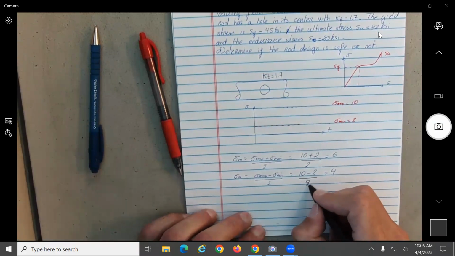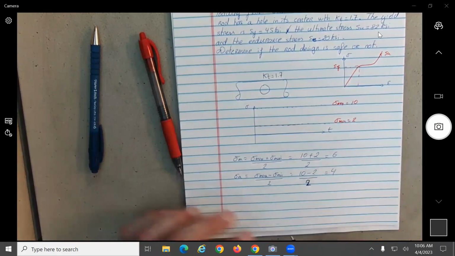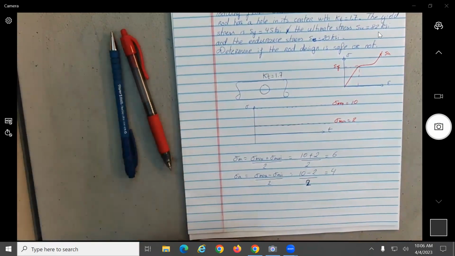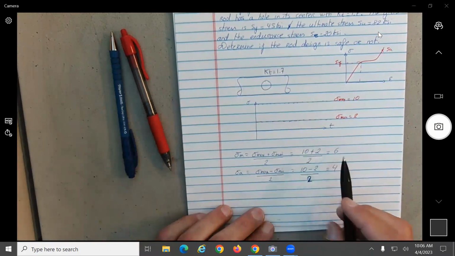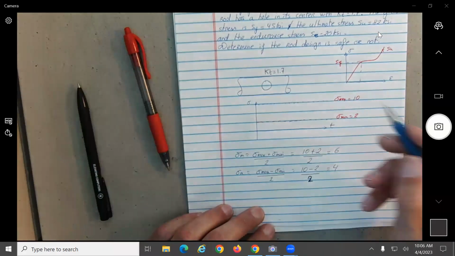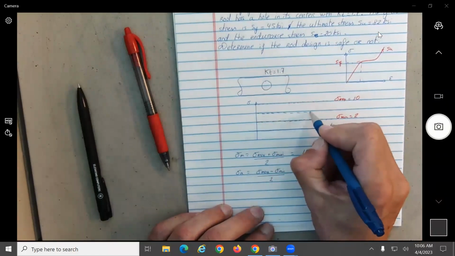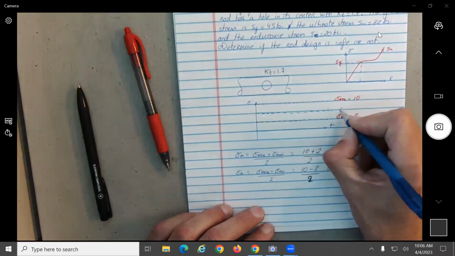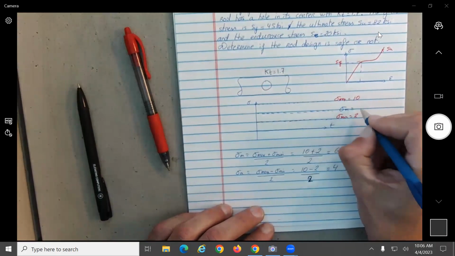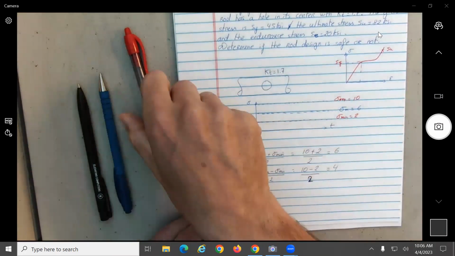Divided by 2, 4. So what does that mean? The mean is 6. Obviously I'm not going to draw it to scale at all. We could say here the mean is 6. So what does that mean?